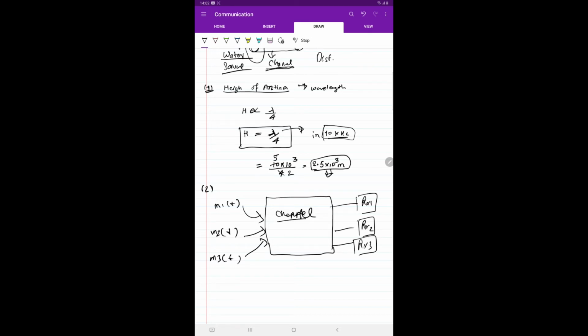What can happen is interference between these message signals inside this channel, and we will not be able to distinguish them at the receiving end when we try to regenerate these messages.